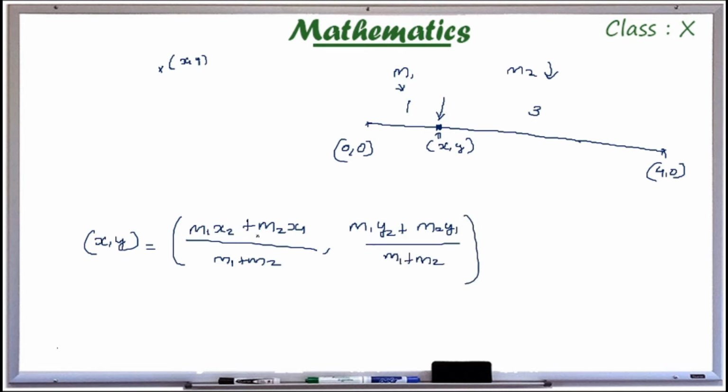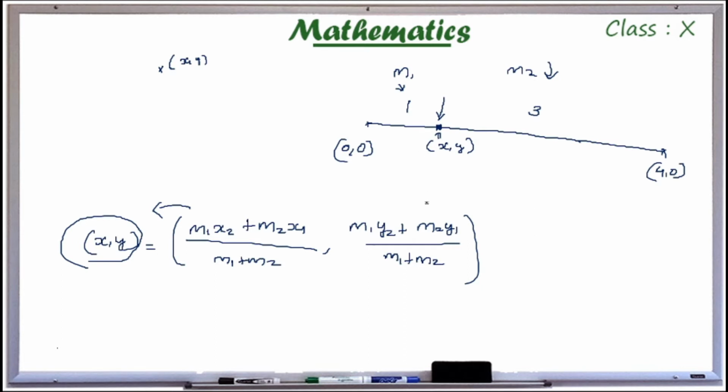So this is the section formula. In order to find the point of division using ratios m1 and m2, along with the points x1, x2, y1, y2, I can find the particular point of division.